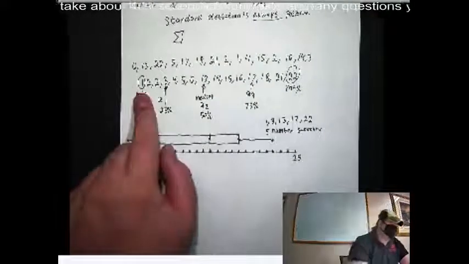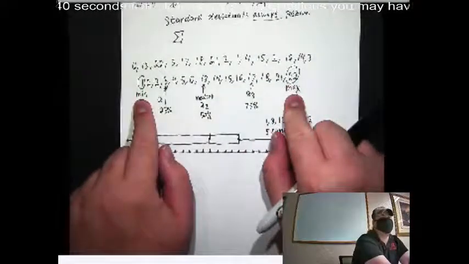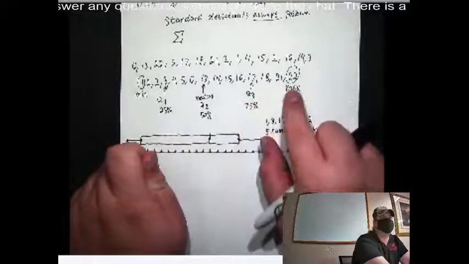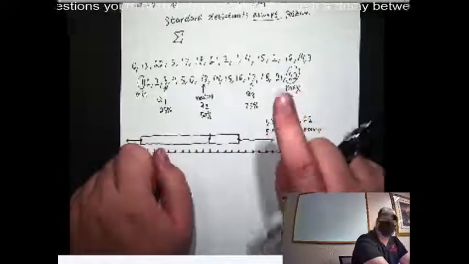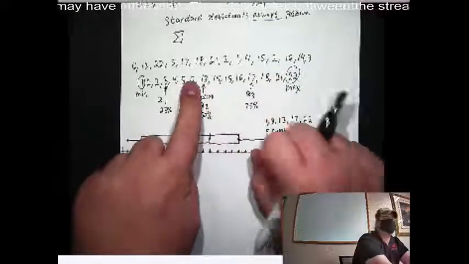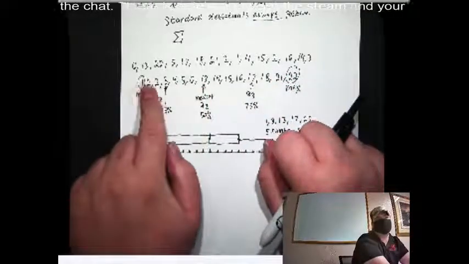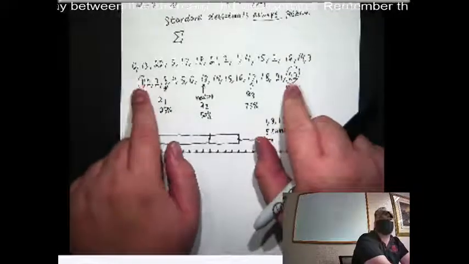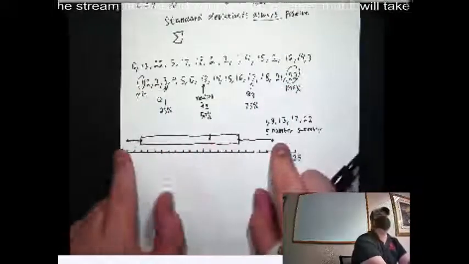Now, if this was 1 to 22 exactly, so 1, 2, 3, 4, 5, 6, 7, 8, 9, 10, 11, 12, and so on and so forth until we get to 22, each number represented, we're not skipping things like we do from 6 to 13, and we're not repeating things like these 2's here, then this would be perfectly evenly spaced.